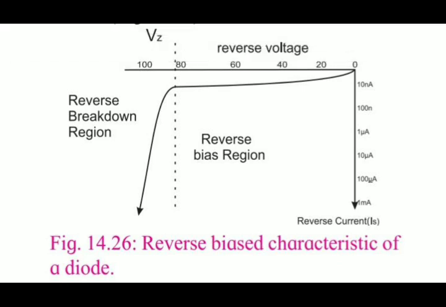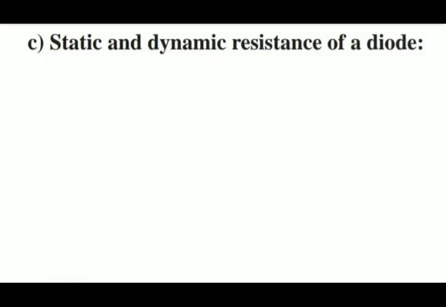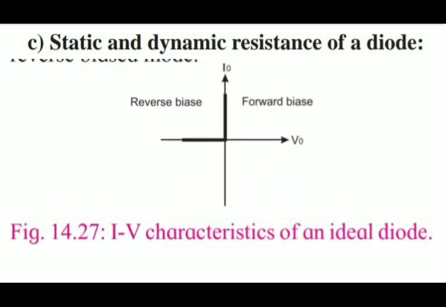Now after the forward bias and reverse bias, we are having static and dynamic resistance of a diode. One of the most important properties of a diode is its resistance in the forward bias mode and in the reverse bias mode. Here it shows the IV characteristics of an ideal diode.